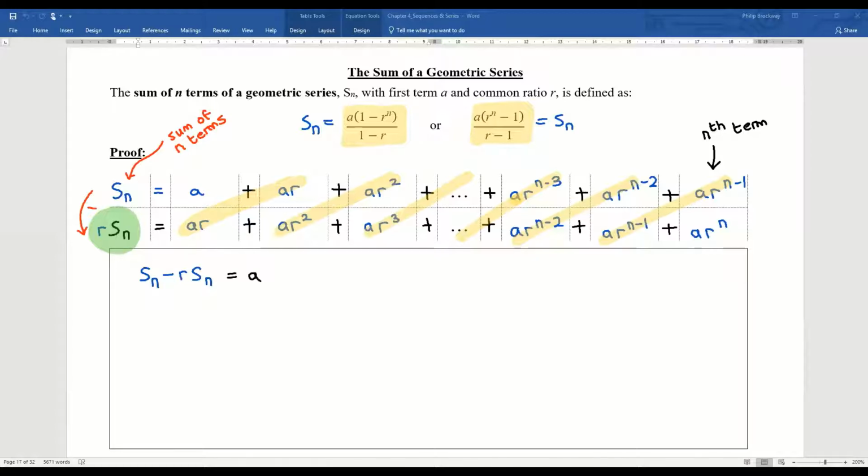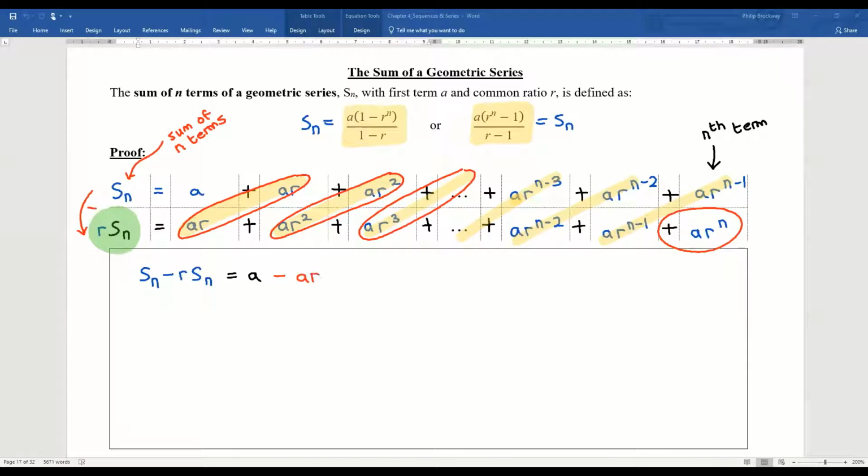So it's the first row subtract the second row. And then the ar's will cancel here. These are going to cancel, aren't they? The ar squareds are going to cancel. The ar cubes are going to cancel, and so on, all the way down until I'm just left with ar to the n on the bottom. Now remember, it's the first row subtract the second row. So I'm going to be subtracting ar to the n.